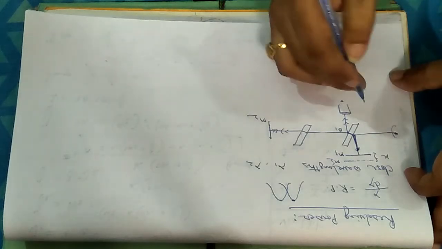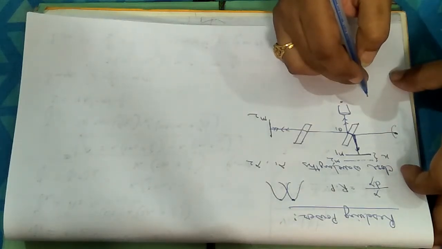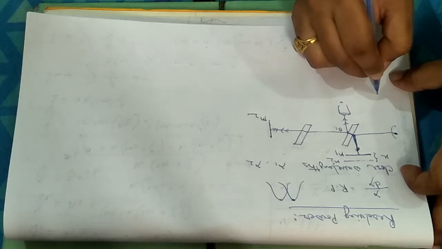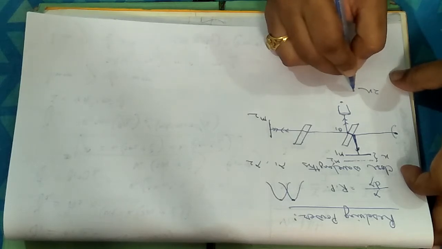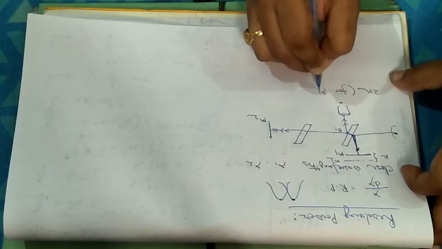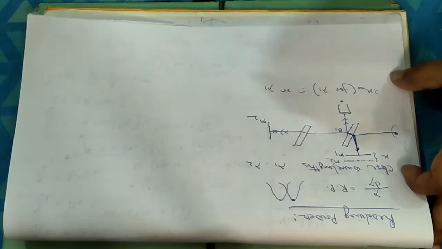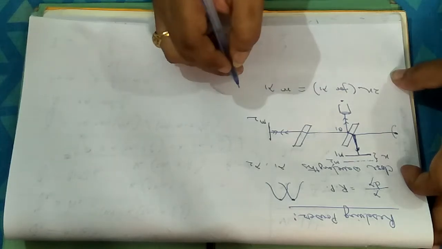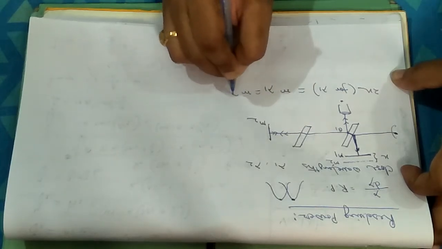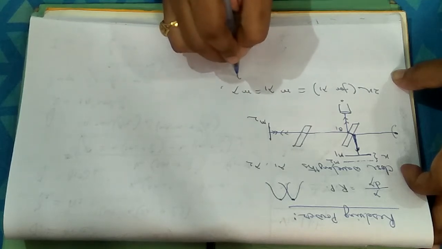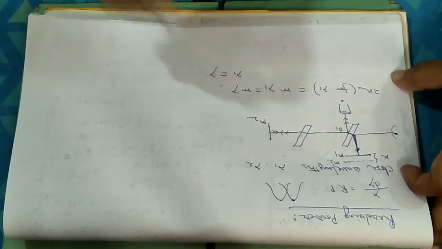So let us consider that I am having mth order fringe for lambda 1 at any particular point. So I can write twice x for lambda 1 equals m lambda 1. I am writing it as m lambda, considering lambda 1 equals lambda.